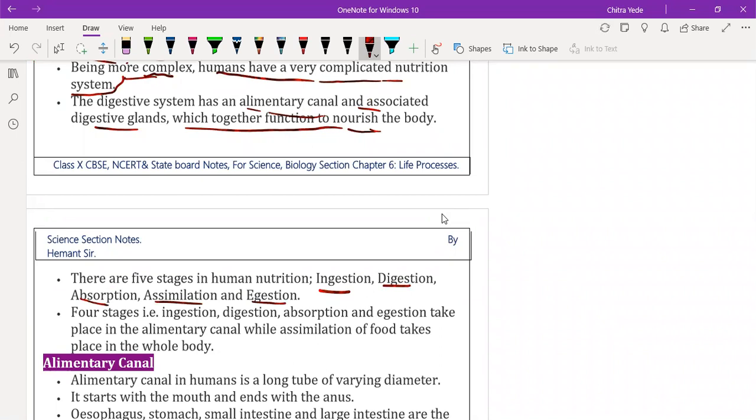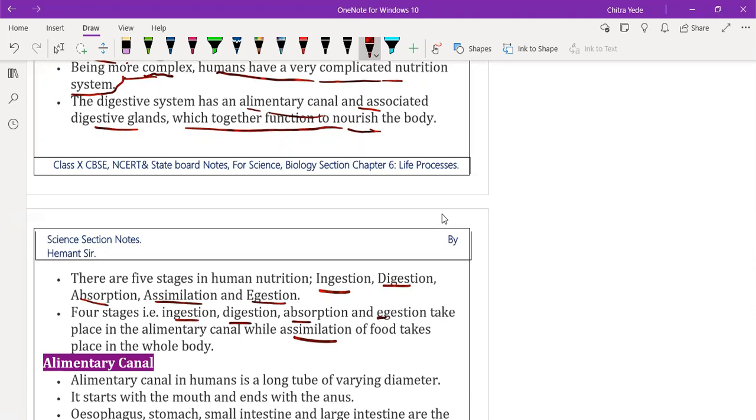The first four stages, ingestion, digestion, absorption, and egestion, take place in the alimentary canal, while assimilation takes place in the whole body. Assimilation is nothing but, once the nutrients are absorbed, they are transported to other parts where energy is produced with the help of nutrients.